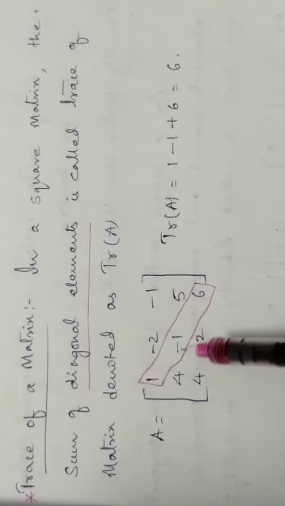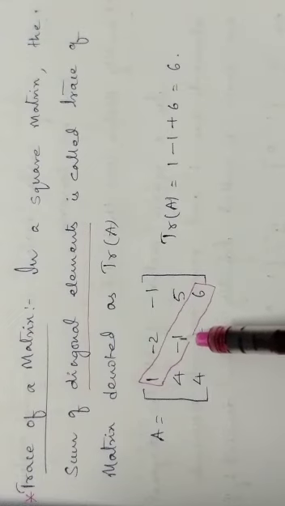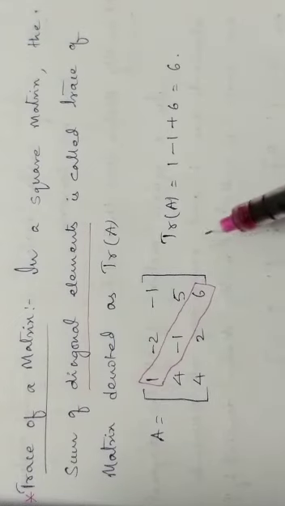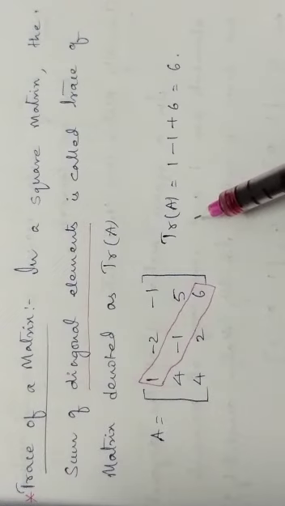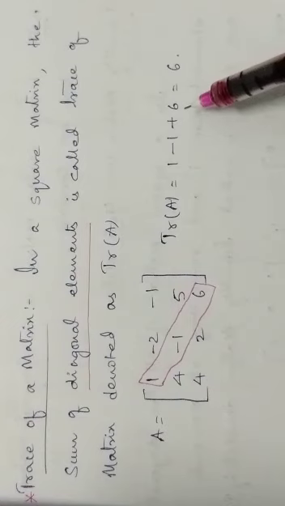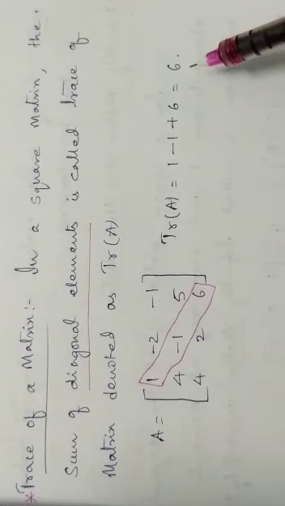If you add these three elements, 1, minus 1, plus 6, the resultant is called trace. Plus 1 minus 1 gets cancelled. Plus 6, that is trace of matrix A is 6.